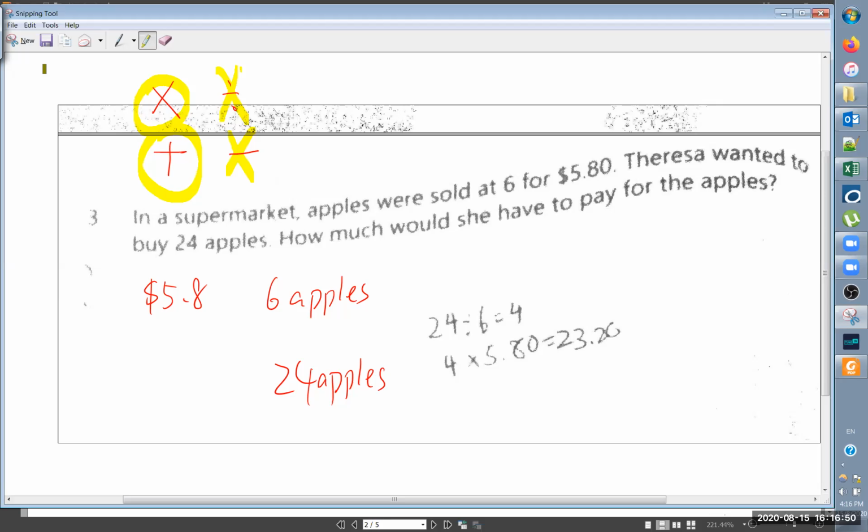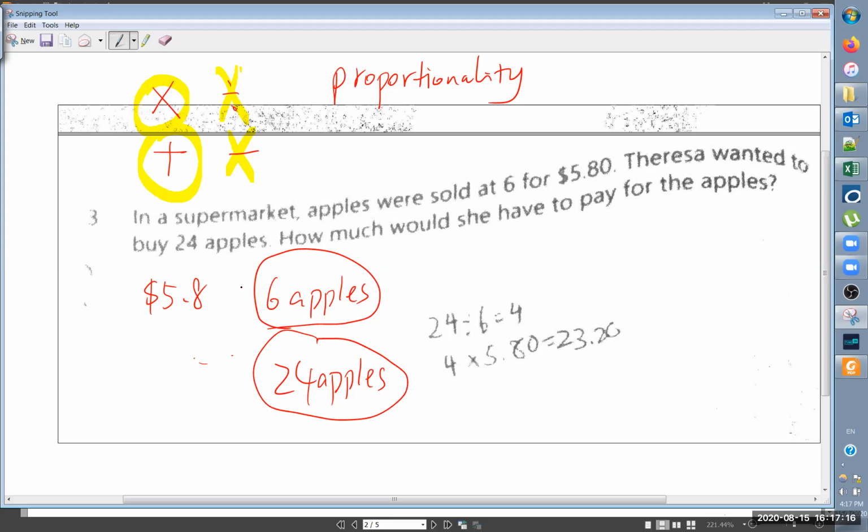So you just ask yourself this. This is called proportionality. You have been using proportionality, but maybe you have not realized it. The apples here, you have 6 of them, right? The number of apples increased by how many times? 4 times, which means times 4.